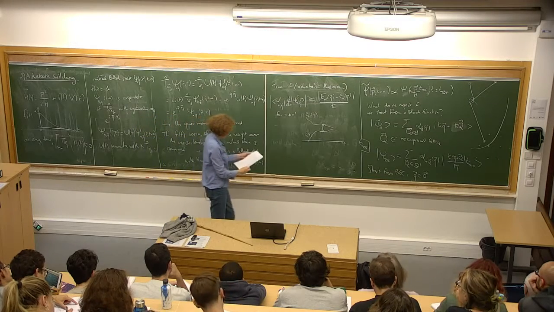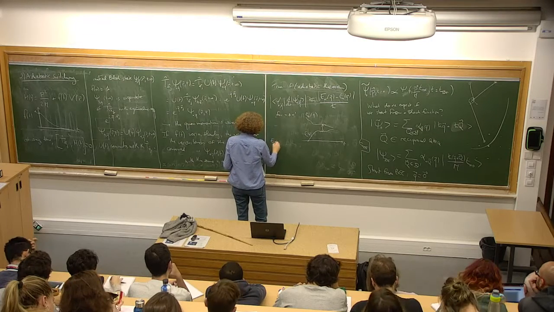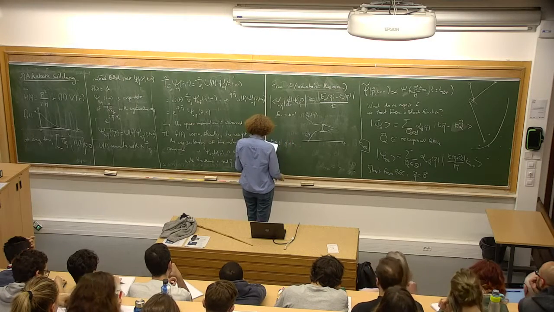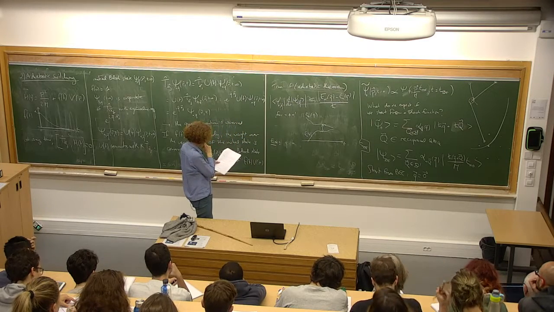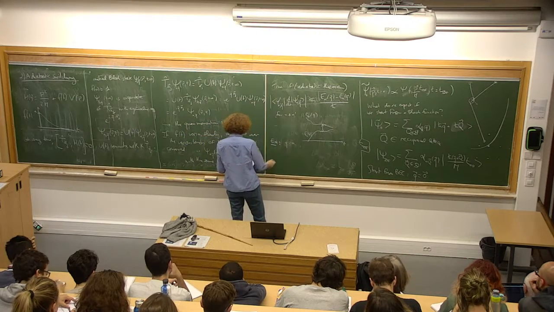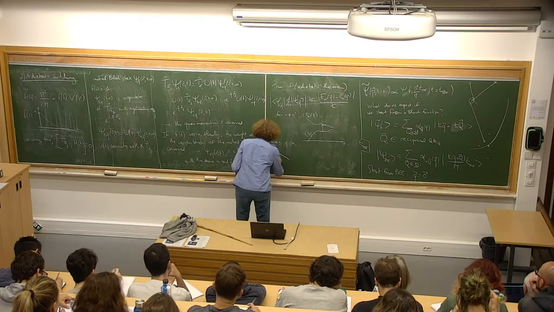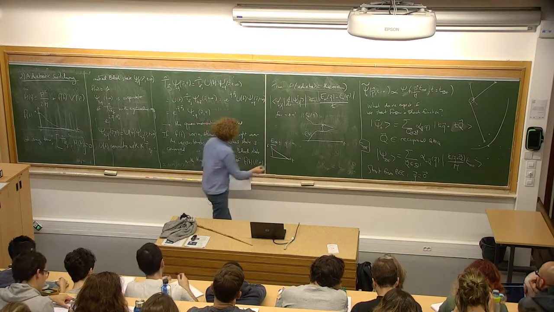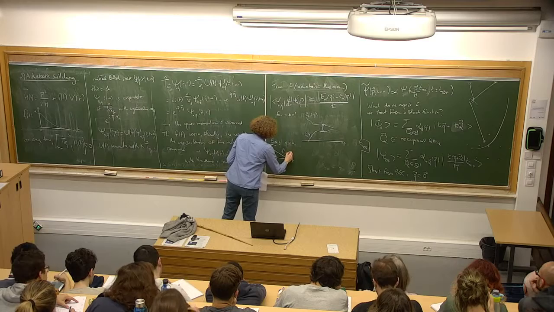Okay, so let's take the example where we start with q equals 0, and we ramp the wave function linearly. So in this case, there is a constant rate f dot at which the lattice is ramped down.